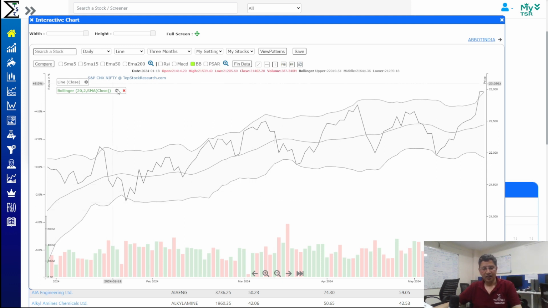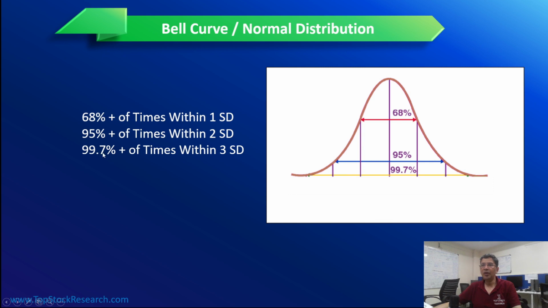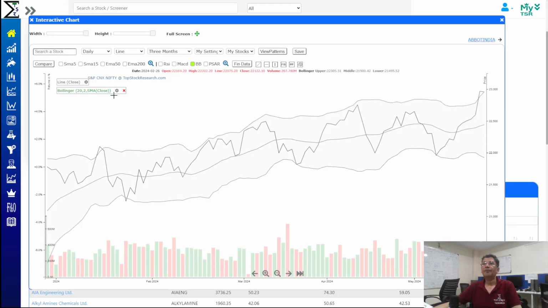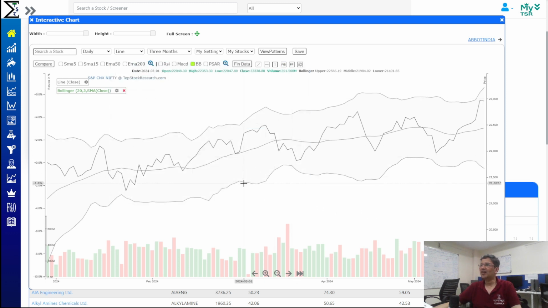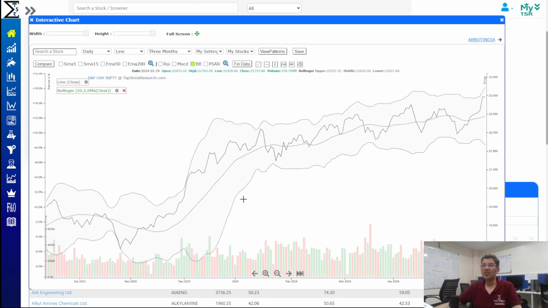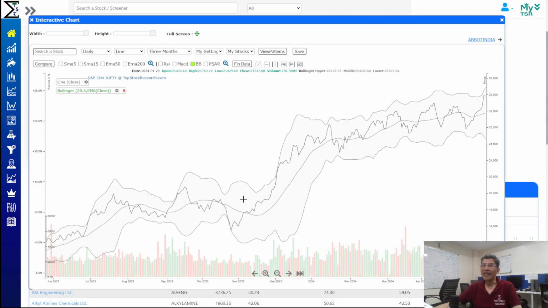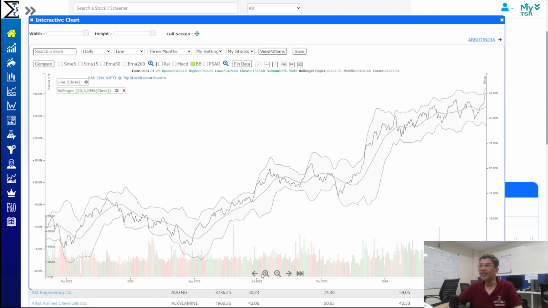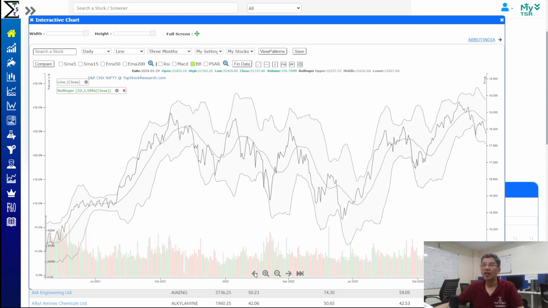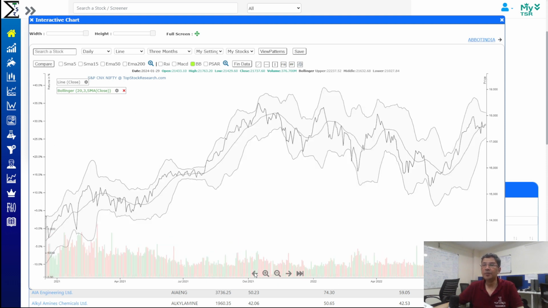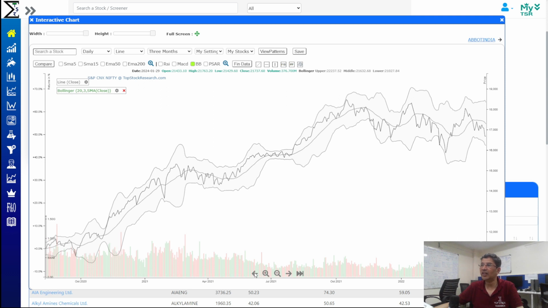The second strategy is what we have seen is 99.7% it is likely to be within 3 standard deviation. So over here what you can do is, you can change it to 3 or a slightly higher number than 2, and then you'll see that it rarely gets crossed, right? So you look at the charts, it might cross only in the real exceptional scenario, maybe something during COVID time, or those times, maybe at some exceptional time, only those situations will get crossed.